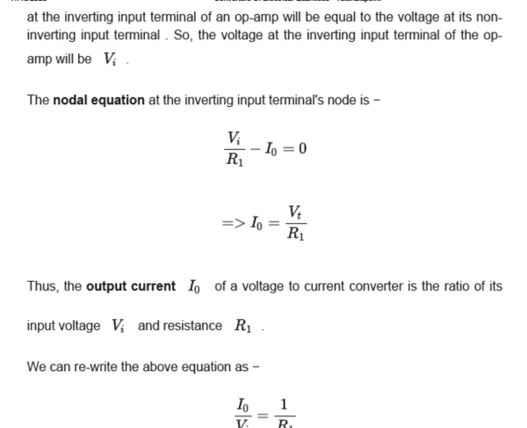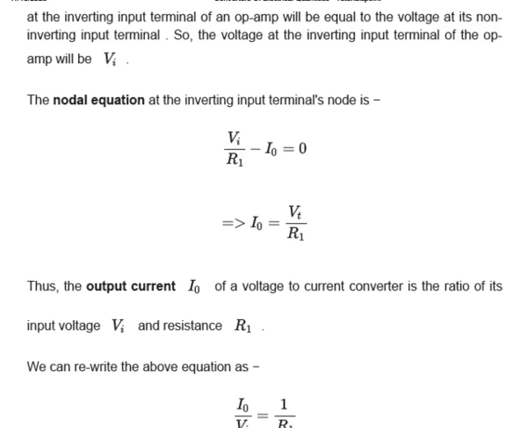Now the nodal equation at the inverting input terminal node is Vi by R1 minus I0 equals 0. So from there we can write I0 equals Vi by R1. Thus the output current I0 of a voltage to current converter is the ratio of its input voltage Vi and resistance R1.